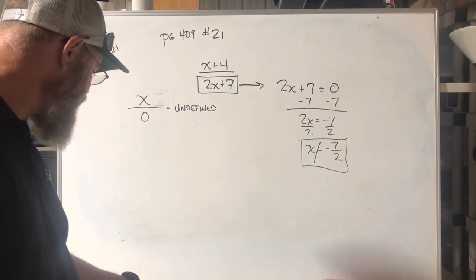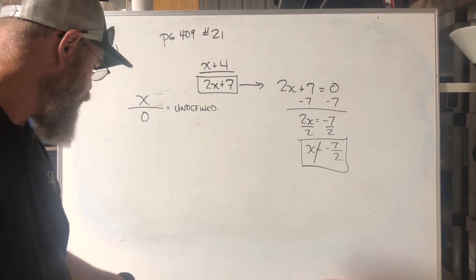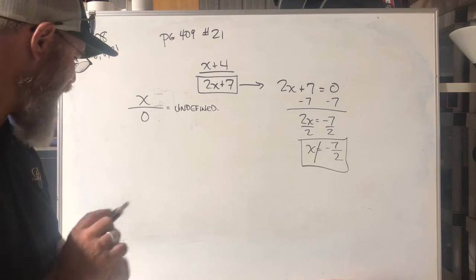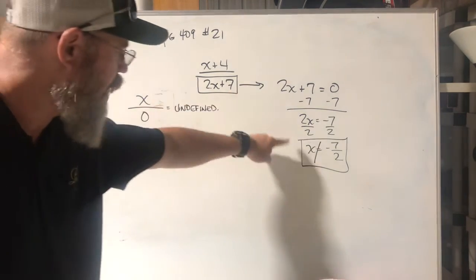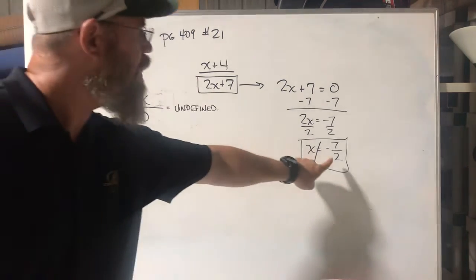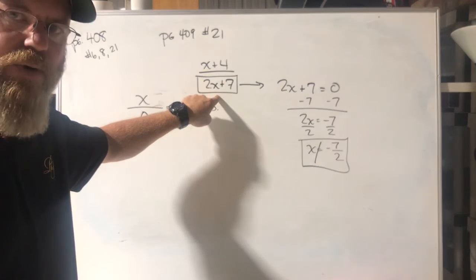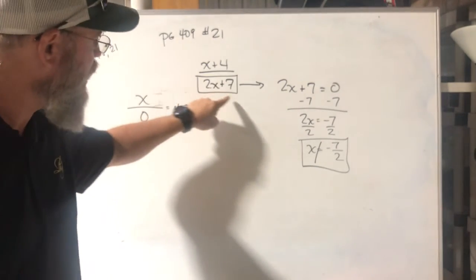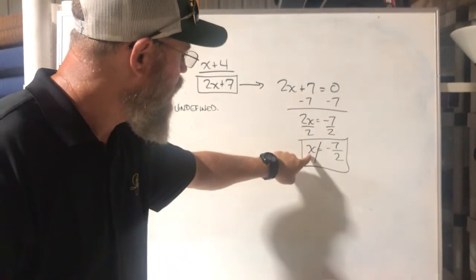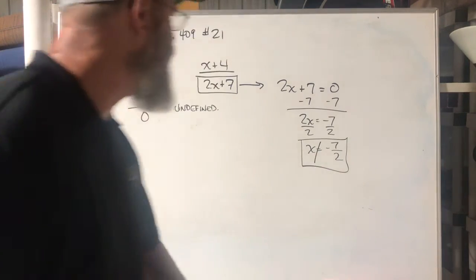So that's what they're asking in that section, numbers 13 through 24. They want to know what x cannot equal for each rational expression. And it cannot equal a value that will make the denominator 0. So we set the denominator equal to 0 and we solve for x, and therefore we know that x cannot equal -7/2.